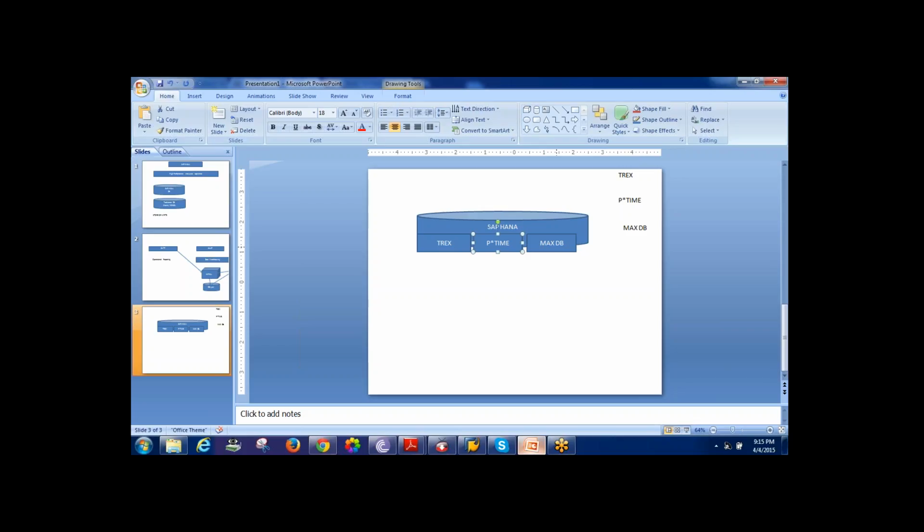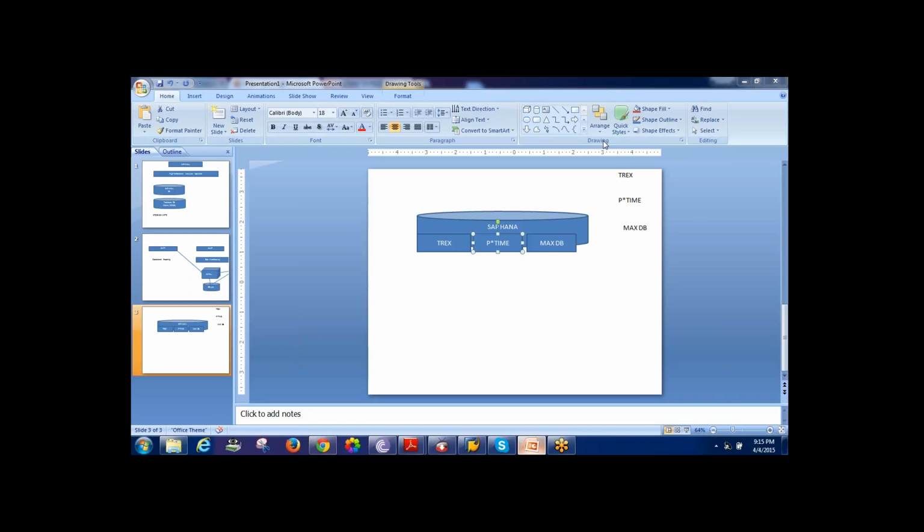So this is the brief introduction of what exactly SAP HANA database is. And now I'll show you what we are going to cover in this SAP HANA database. Andrew, I have a small question. Yeah, sure, please.